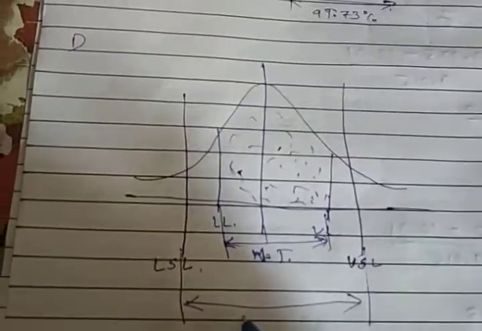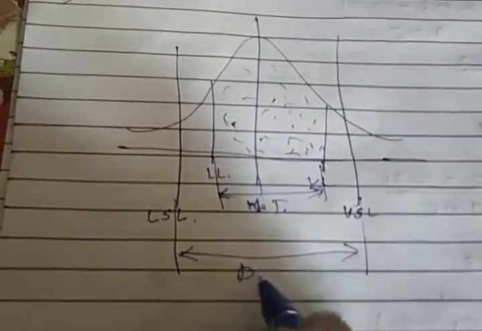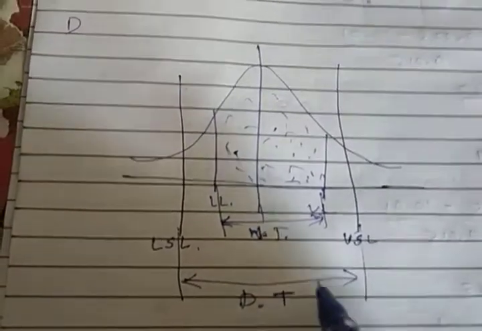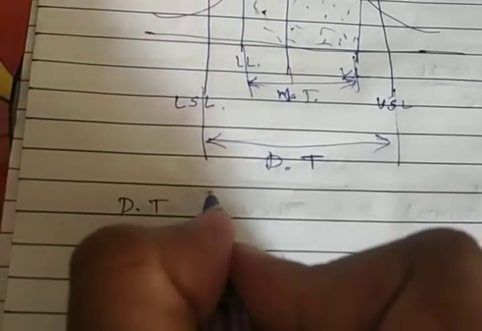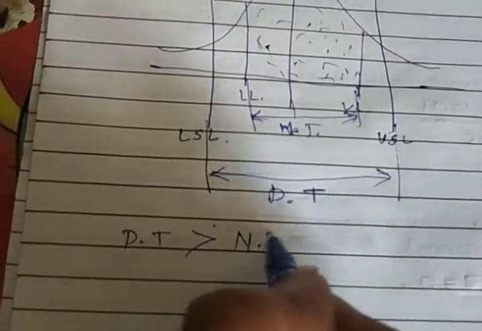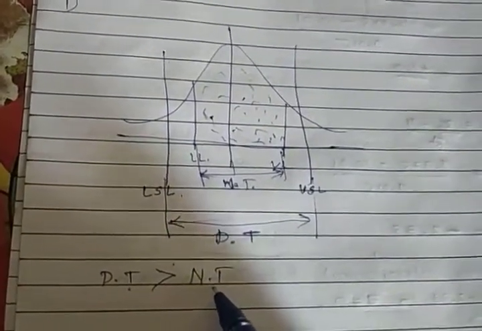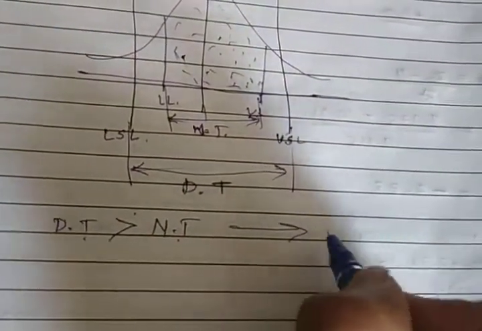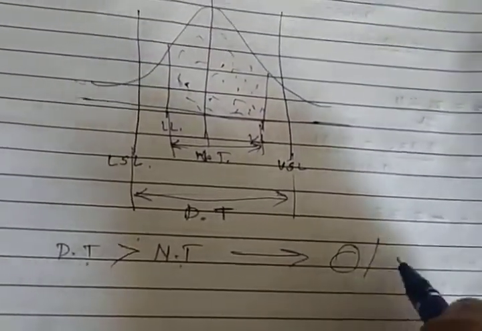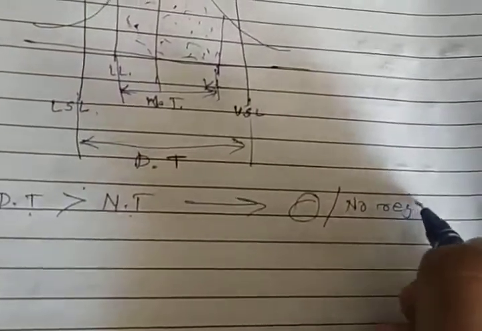So this is called the design tolerance. Design tolerance, natural tolerance. Now listen carefully: when the design tolerance is greater than the natural tolerance, which is the condition we see here, how much rejection is there? There is zero rejection, no rejection.